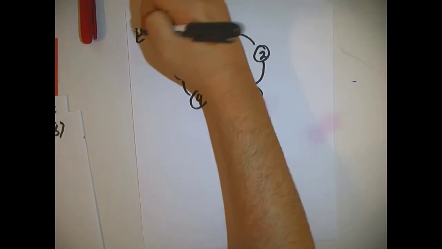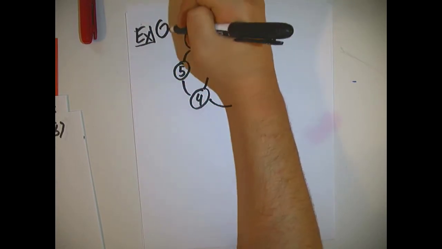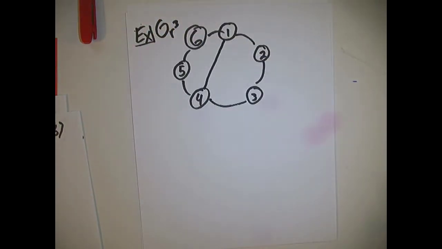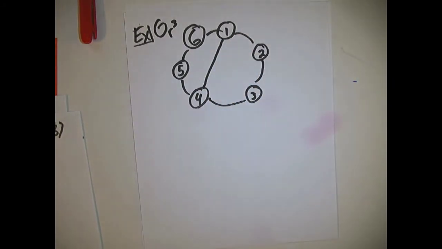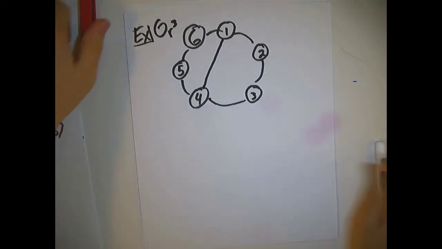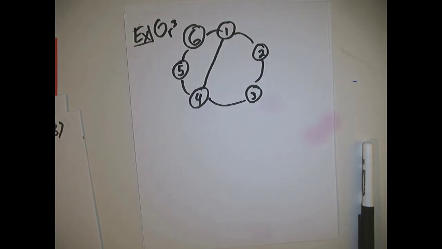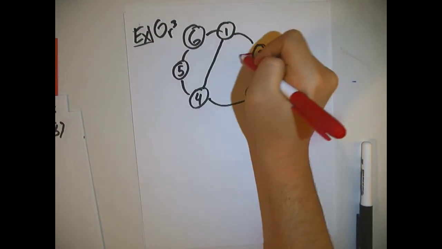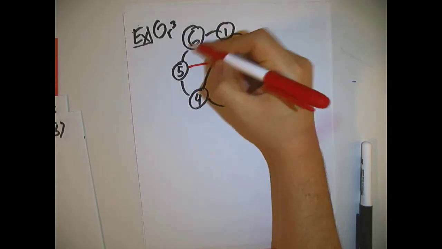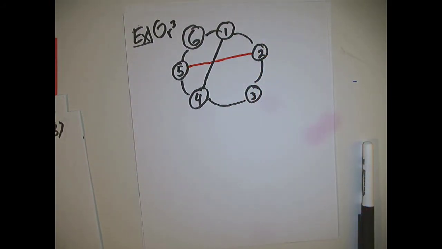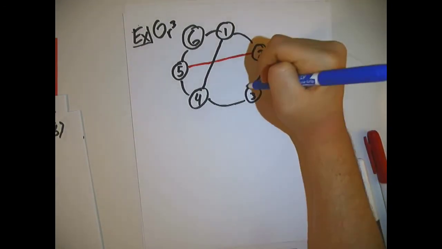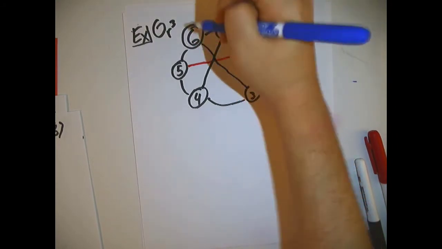So these are linked. Okay. Likewise, if I start with 2, where does 2 go? 2 goes to 5, and 5 goes back to 2. So those are linked. And then 3 goes to 6, and 6 goes back to 3.